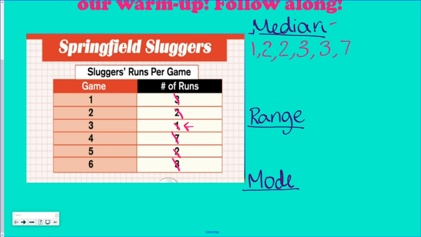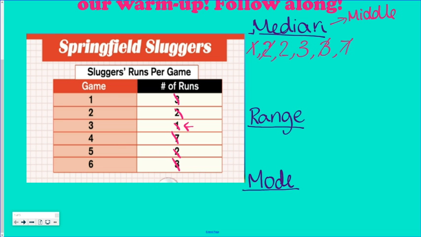So those are all of our data points listed from least to greatest. And remember, the median means the middle. So we're looking for the middle value. To find that, we're going to start at the edges because we know that can't be the middle. That can't be the middle. Keep going. And then for this one, you can see we have 2 numbers that are left in the middle. If I cross them out, I don't have any data points left.